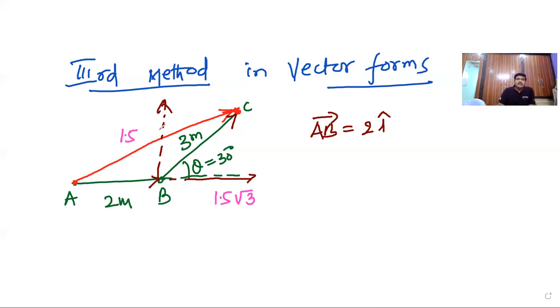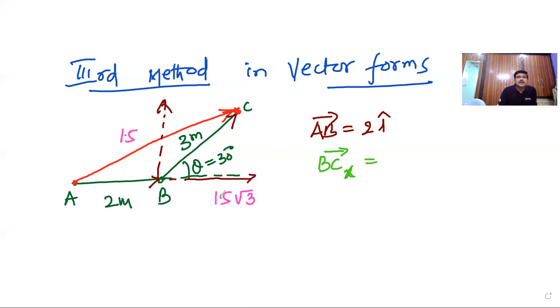Clear? So the horizontal component of BC. Here I am writing the horizontal component of BC, BC bar, with subscript X, the horizontal component towards the x-axis.